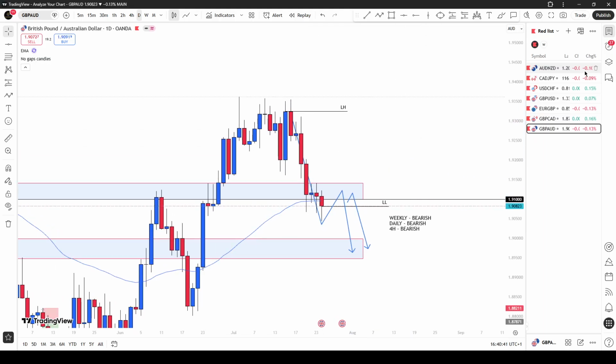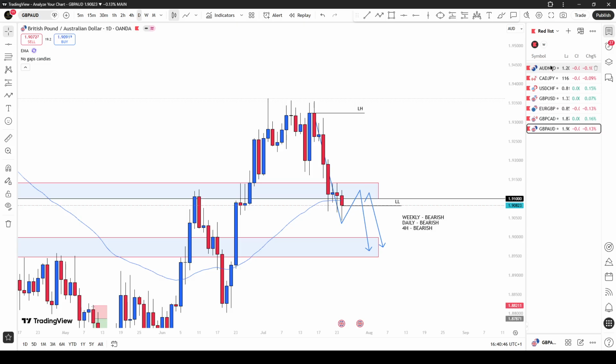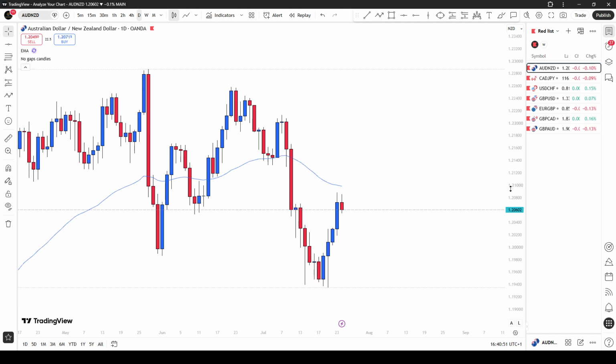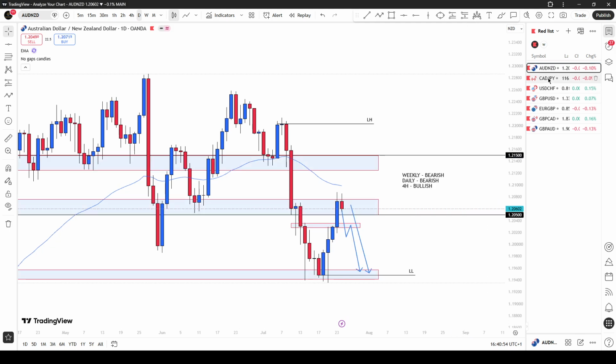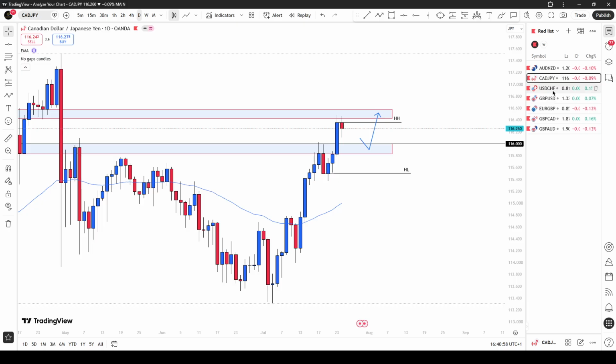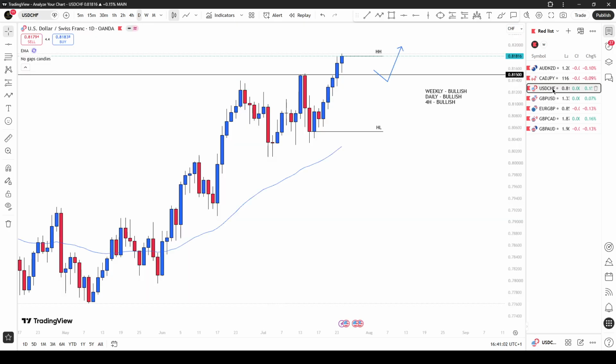So let me arrange the ones that are close to entry. This one is at the area of interest. This one is not at the area of interest, but showing signs of it. This one is not the area of interest.